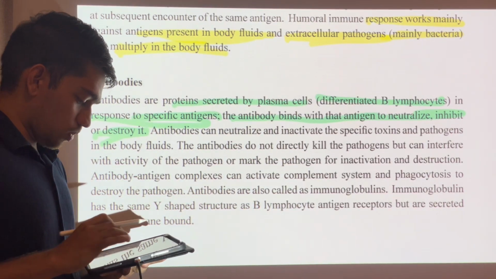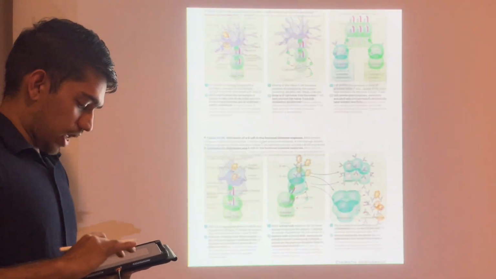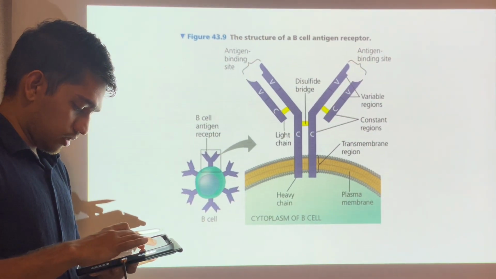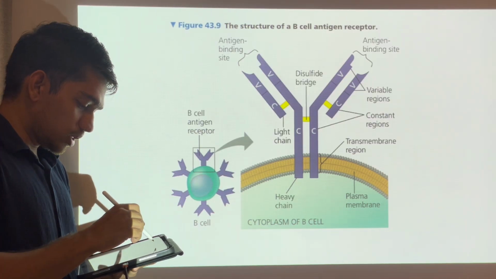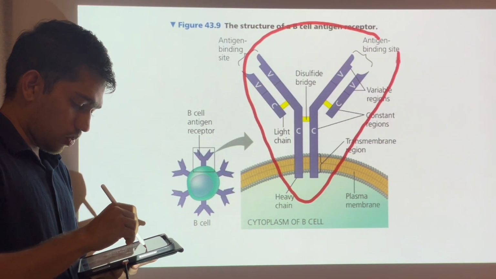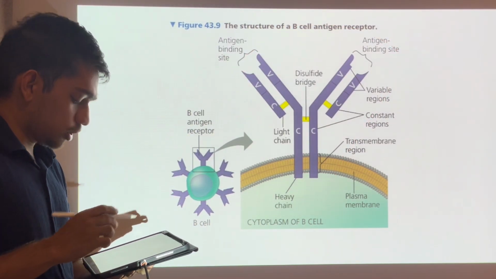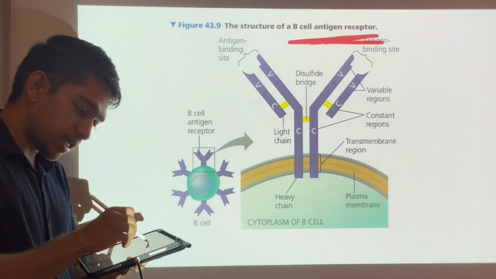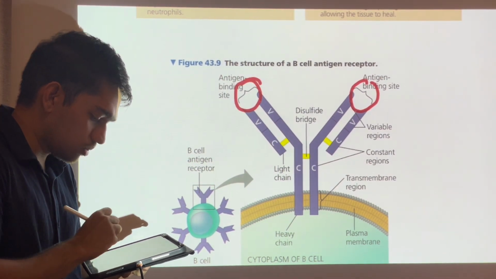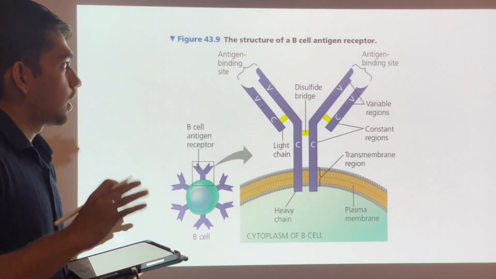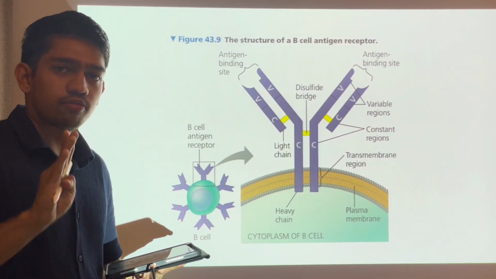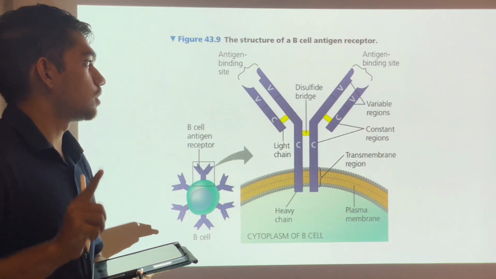A typical antibody looks like this. This part is what we call an antibody. I'll tell you later that this is actually the B cell antigen receptor. Antigens bind to these sites, but an antibody is actually the secreted form of the B cell antigen receptor.